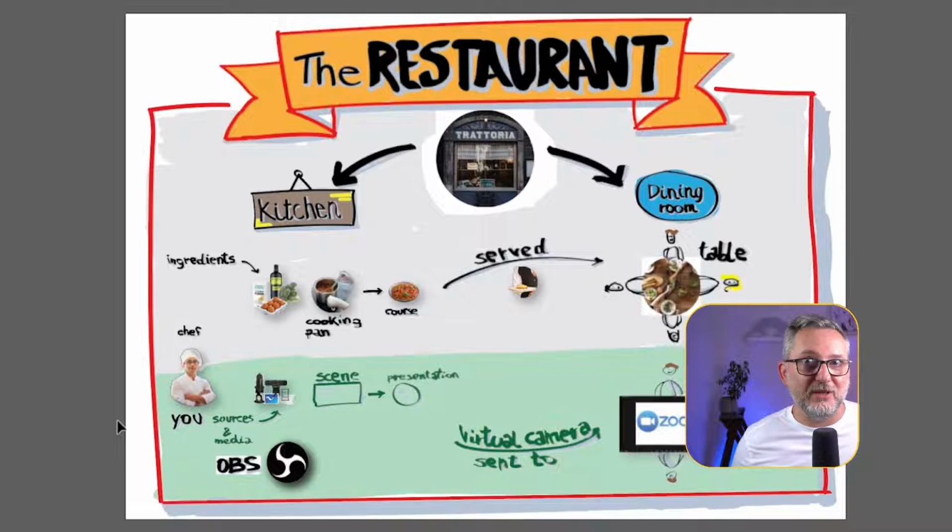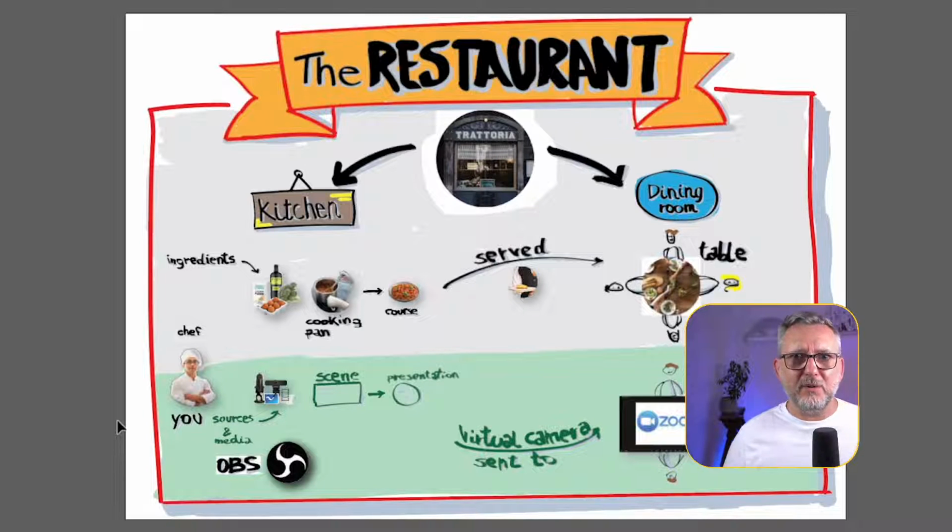And then you have the kitchen where the food is prepared. In the kitchen, you have the ingredients, your eggs, your vegetables, the oil, the salt. The ingredients themselves do not make a meal or a course. They need to be put together, assembled, and cooked. And you need the support to cook them. That's the cooking pan. You are the chef.